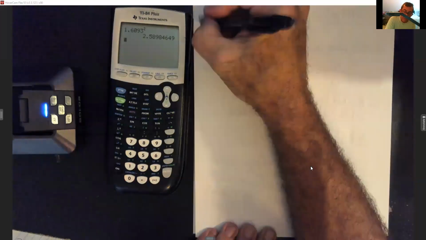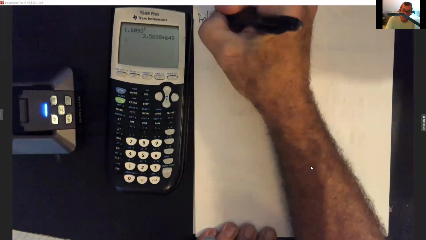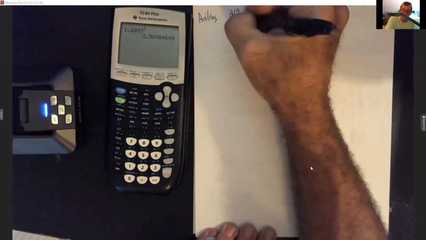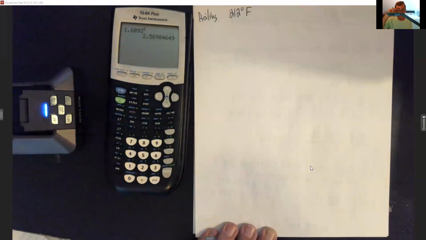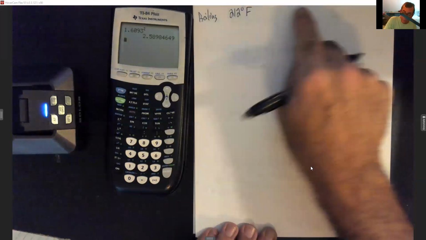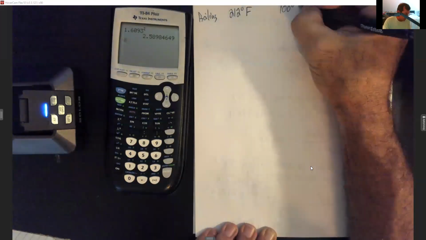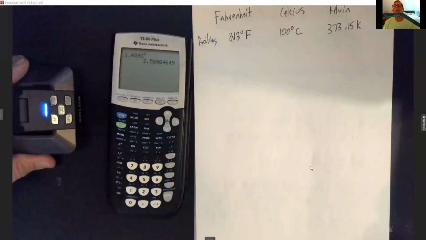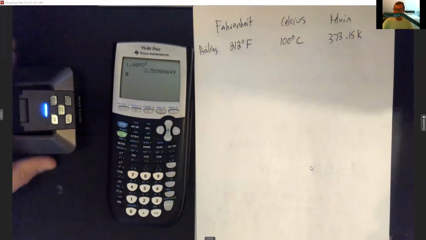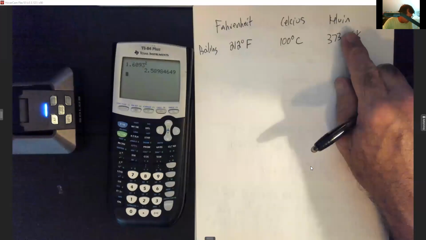So we know that in Fahrenheit, boiling is 212 degrees Fahrenheit. In Celsius, boiling is 100 degrees Celsius. In Kelvin, boiling is 373.15 Kelvin. I'll explain how they got this Kelvin scale in a little bit.